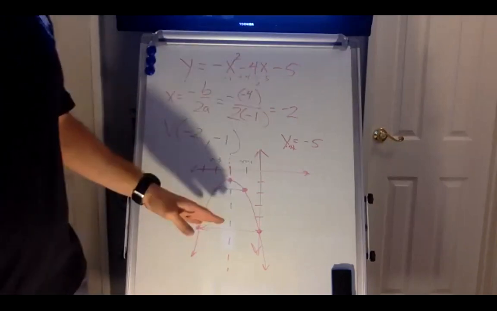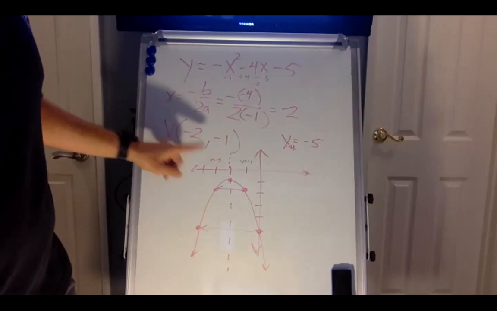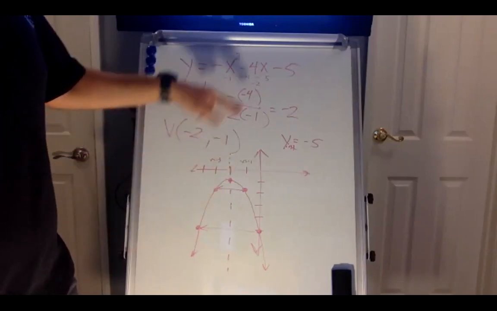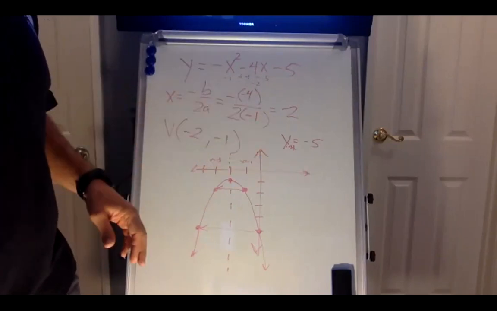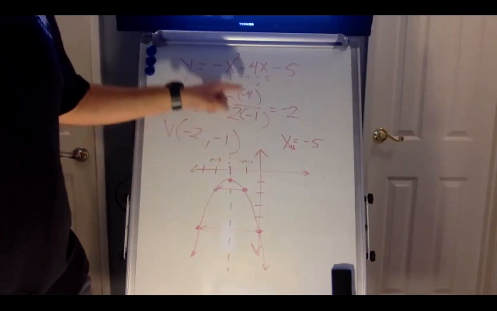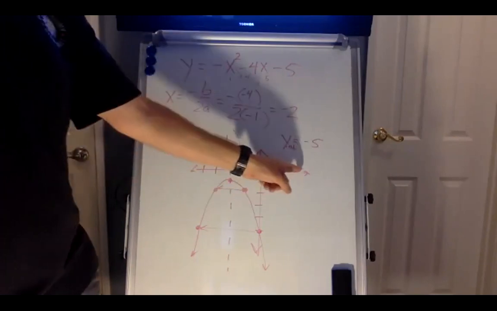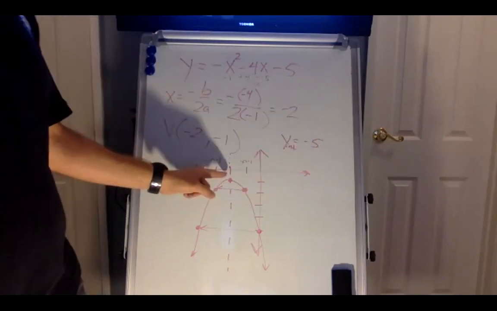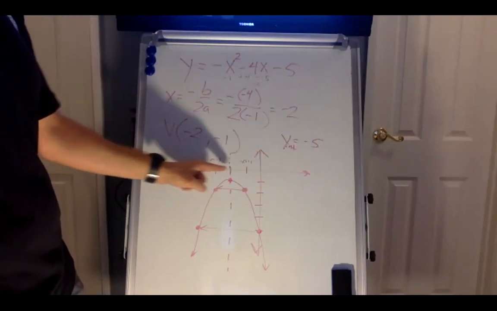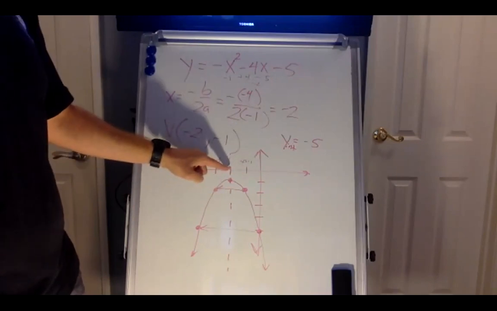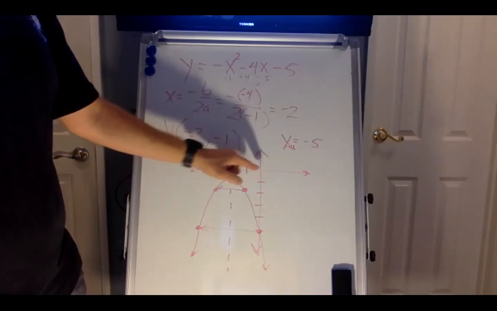Anybody need work with finding the vertex so that you can graph it, finding roots if there are any, or finding other points by plugging in different x values surrounding the vertex? I'm not going to try x is 5. I'm going to try x values that are 1 or 2 away from the vertex x. Those are the ones that I try.